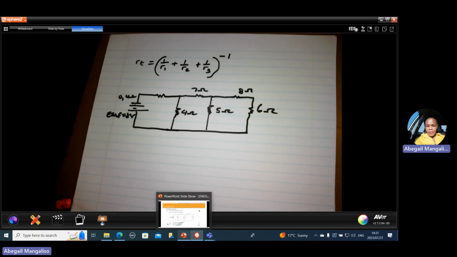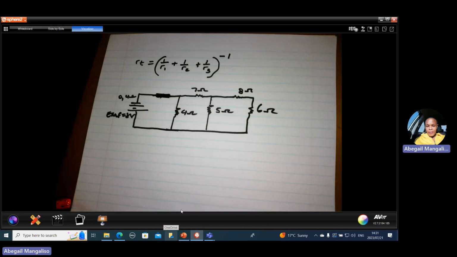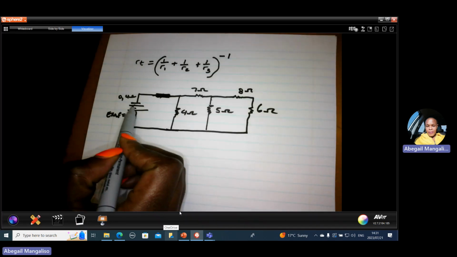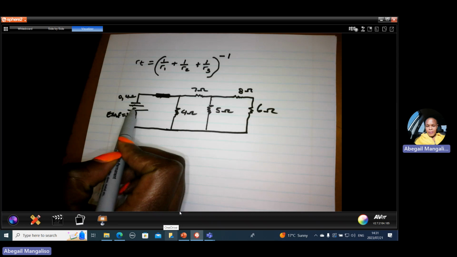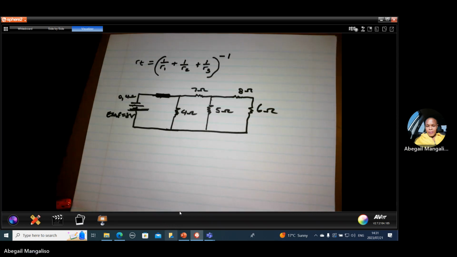The first question says calculate the total resistance. And you are given only a battery that has only one cell, so this one is not supposed to be here.